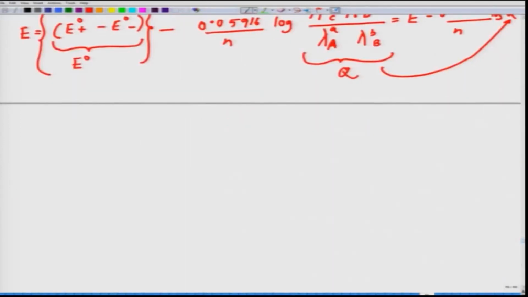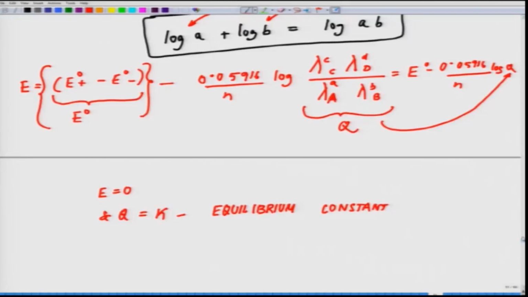Okay. Now, simplifying the equation. In a special case when E equals 0 and Q is equal to K, that is where you are trying to find the equilibrium constant, because mind it, these are different kinds of reactants which are involved in this whole process.